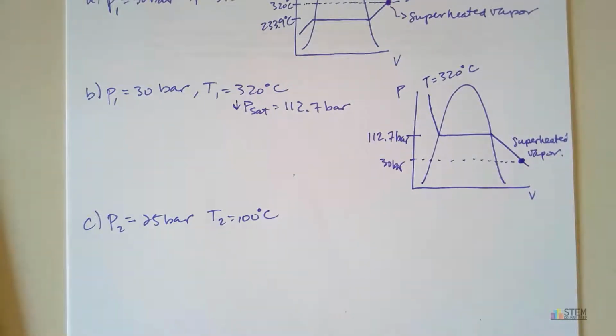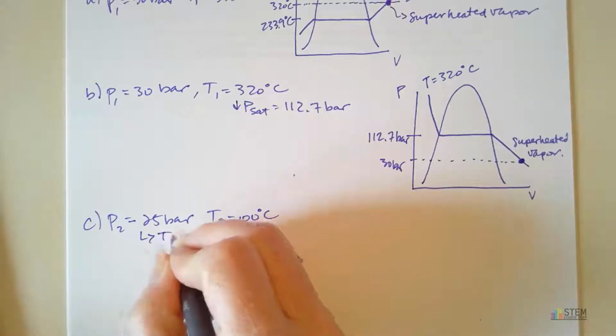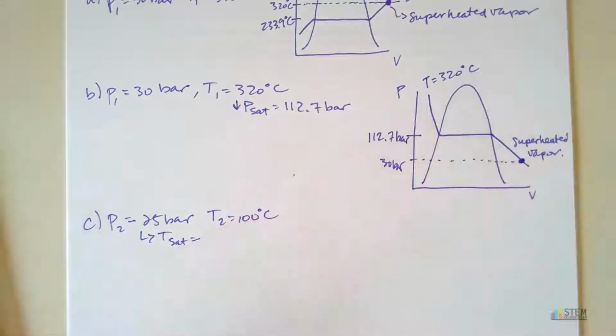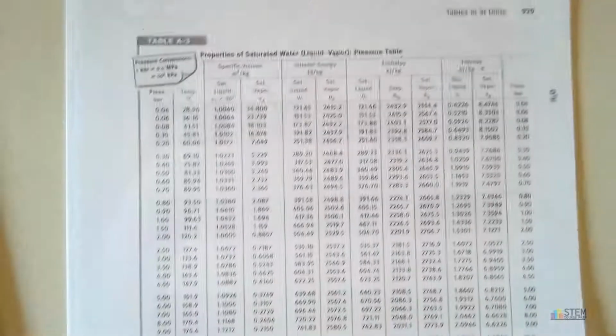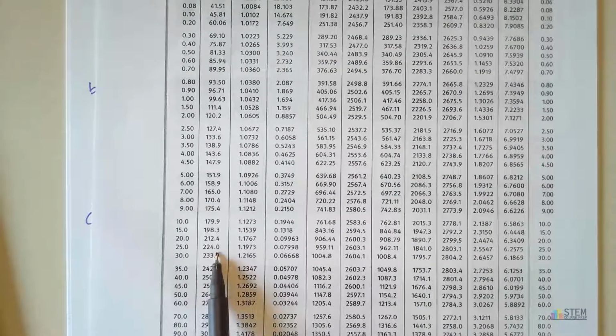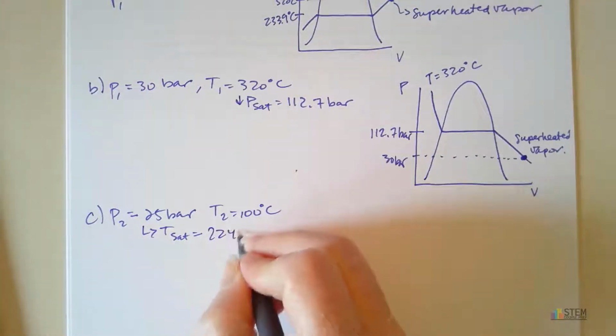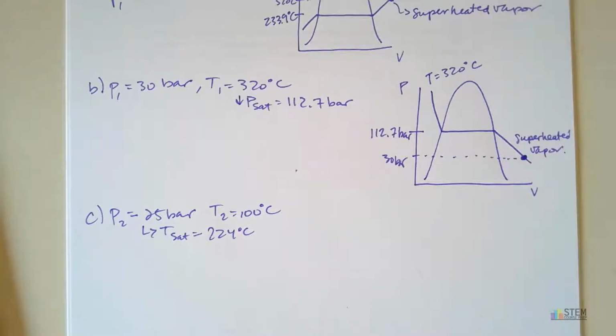I'm going to use the pressure table and find the saturation temperature. So we got 25 bar. If you look right here, saturation temperature is 224. So we get 224 degrees Celsius.